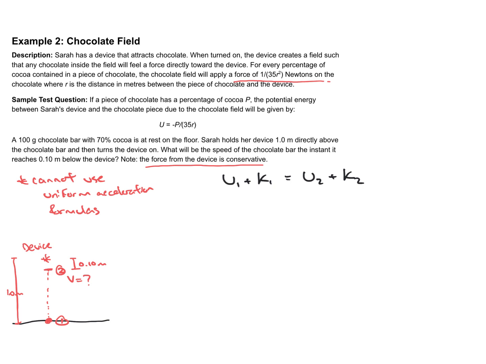Okay, so I'm going to rewrite it as gravitational plus chocolate potential energy. There's no spring, so I don't have to add the spring potential energy term in there. So that becomes my equation.